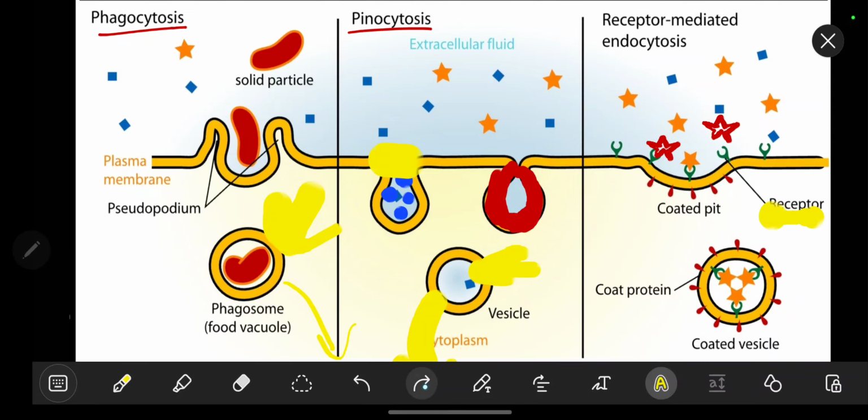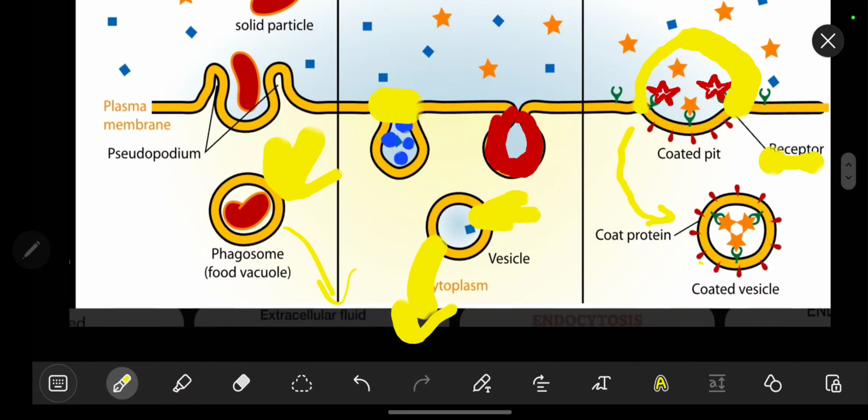Then we have another one there, it comes to this receptor like that. When they bind, then the cell membrane will be able to more like envelop or rather close up there. Then what begins to happen is that this now will break off from the cell membrane and it will begin to move like that. Here it is. Then from here it will be taken into the cell.